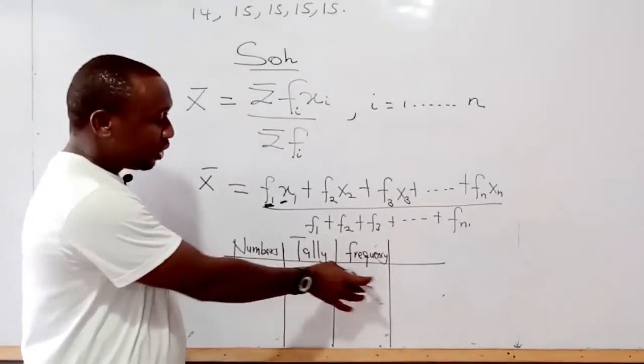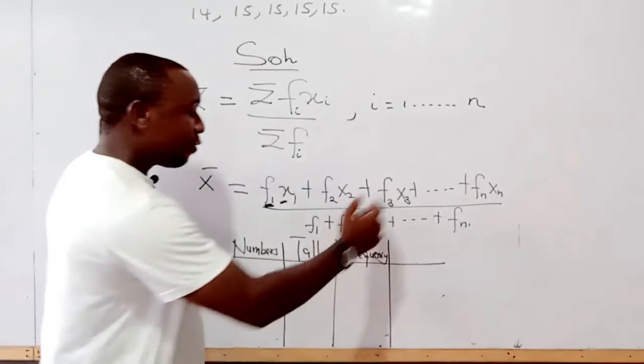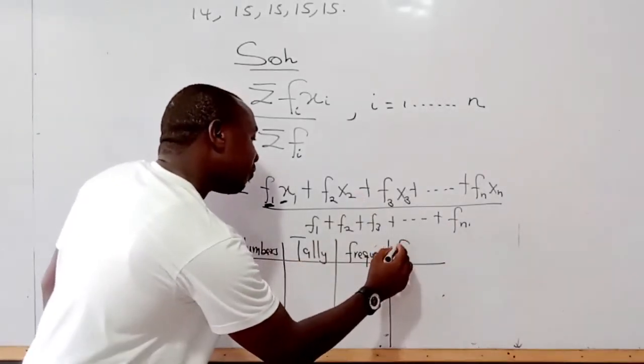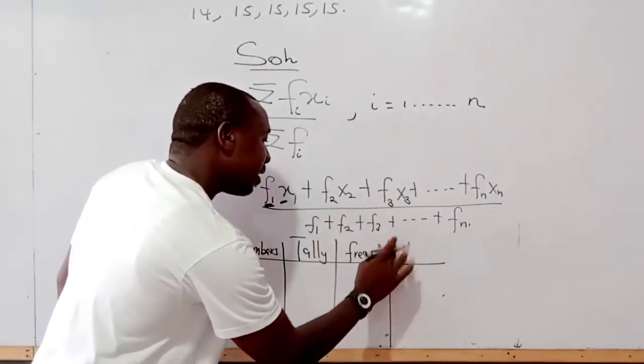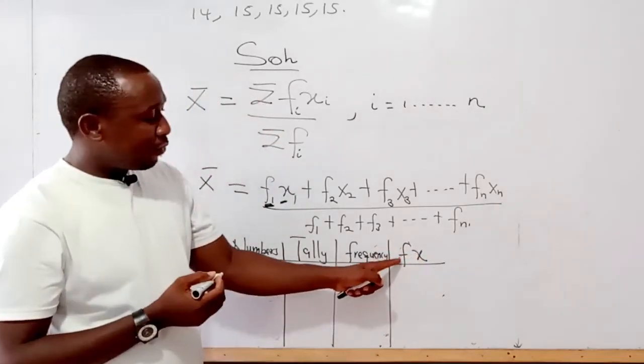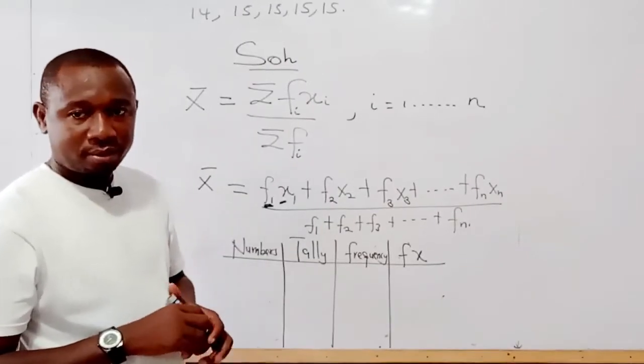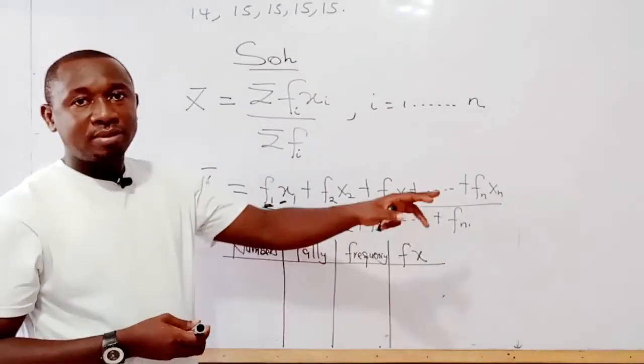Based on the tally, we generate the frequency. And then the fourth column will give us what we call the fx. That is frequency times the x.